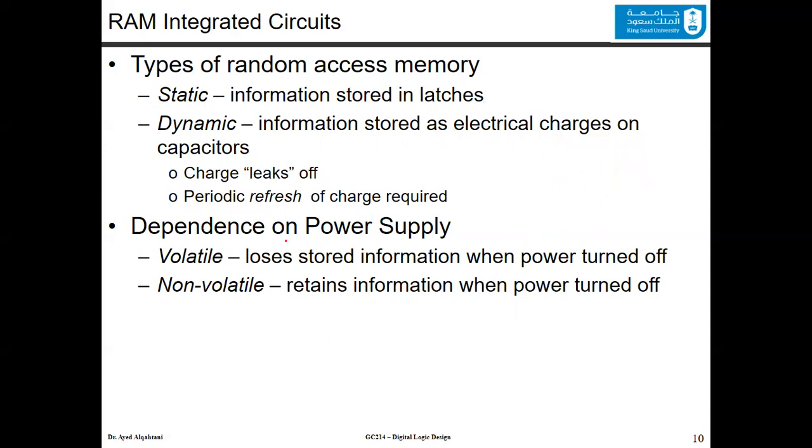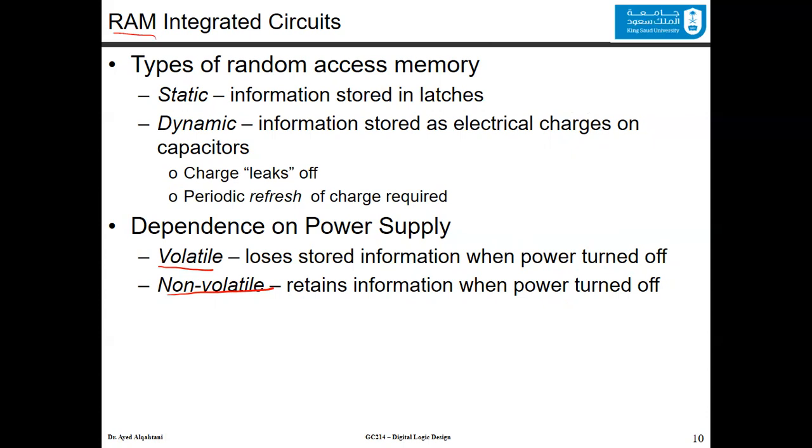If you look at it from the dependence on power supply point of view, we have volatile and non-volatile. The volatile RAMs lose the stored information when the power is turned off, and most, if not all, RAMs are volatile. The non-volatile memories retain information even when the power is off.